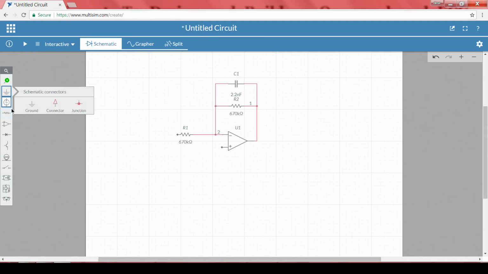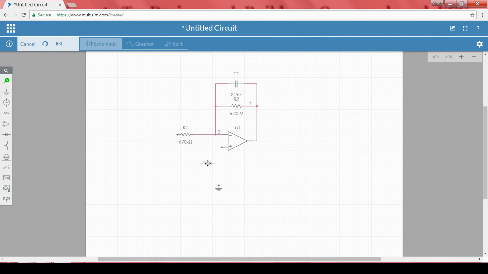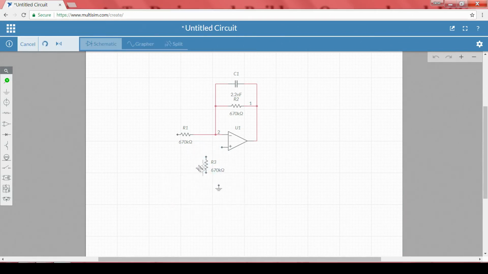Then the positive terminal should be connected to ground. But rather than connecting to ground directly, in order to eliminate the effects due to the bias and offset currents, I will use two resistors in parallel, which are nothing but 670 kilo ohms resistors themselves. So, the effect due to the bias and offset currents can be completely removed using this, right, that we have already studied in our previous modules, is it not.